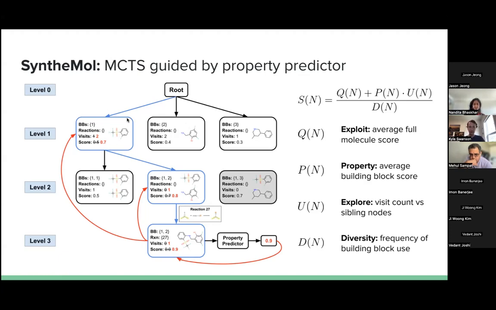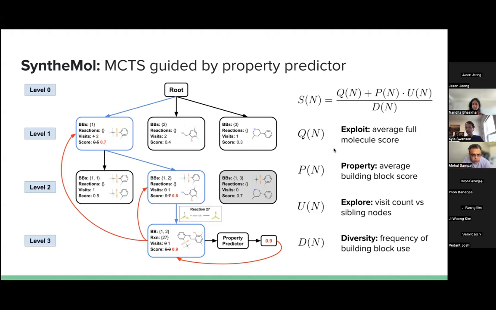So for instance, with this building block here, for this particular case, it found this full molecule that has a score of 0.9, but maybe in some other cases, it found a score of 0.5, 0.3. And so this exploit score is going to be that average. So it's basically the potential of that building block to give you good or bad molecules.